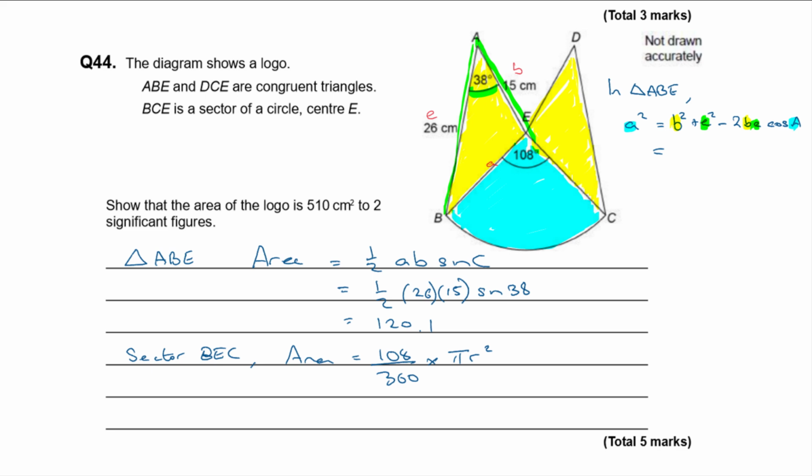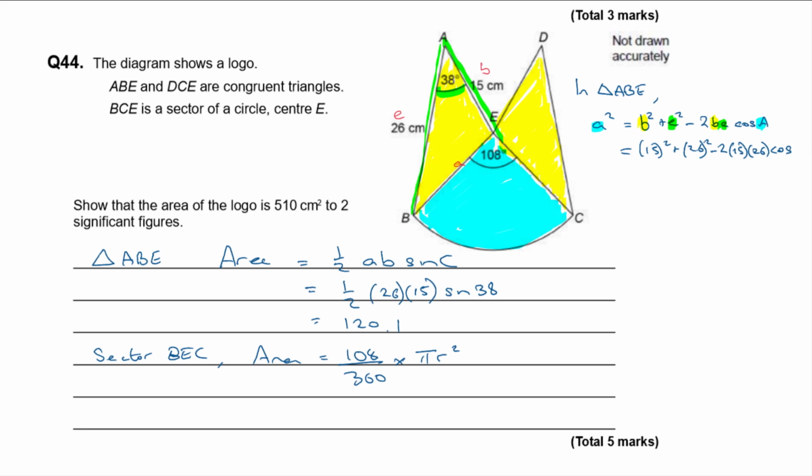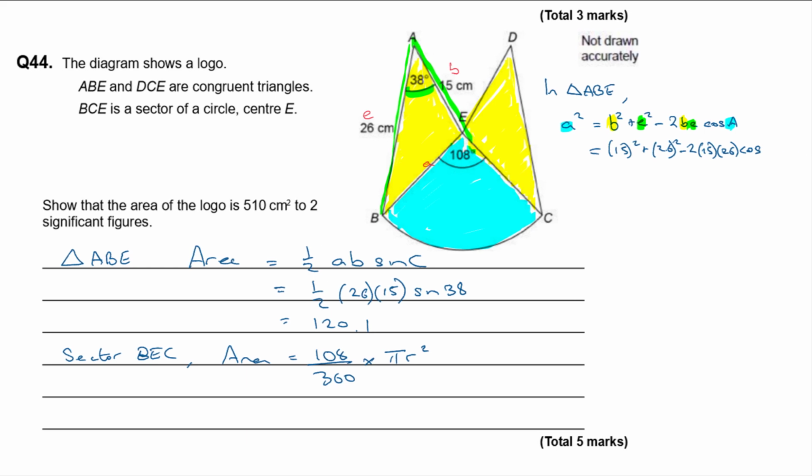So then subbing in carefully, b is 15, 15 squared, e is 26, 26 squared, minus 2 lots of 15, lots of 26, and then cos of the angle, which is 38 degrees. That's what we need to type into the calculator, obviously very carefully. I'm going to press the square root this time, so I don't have to faff around in between.